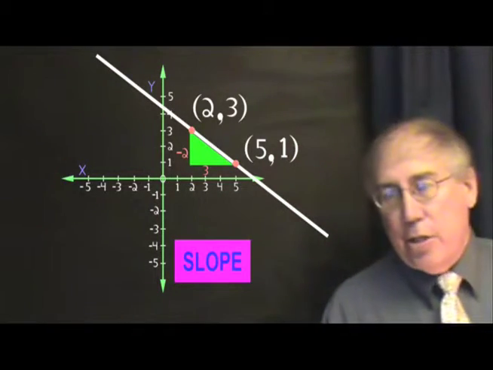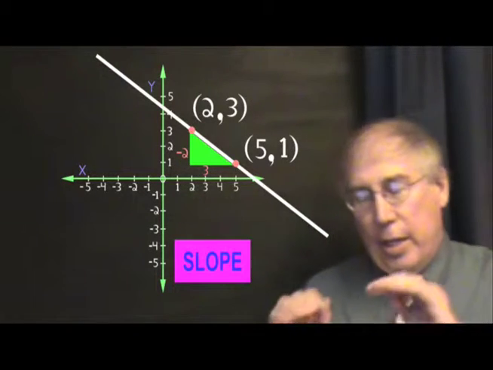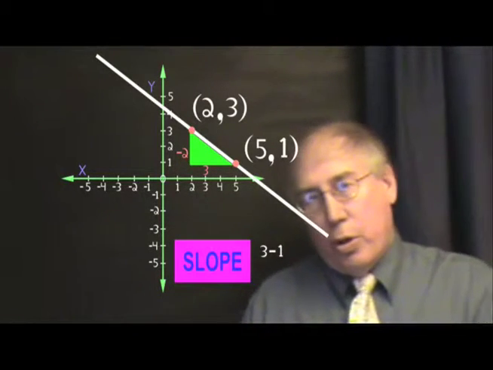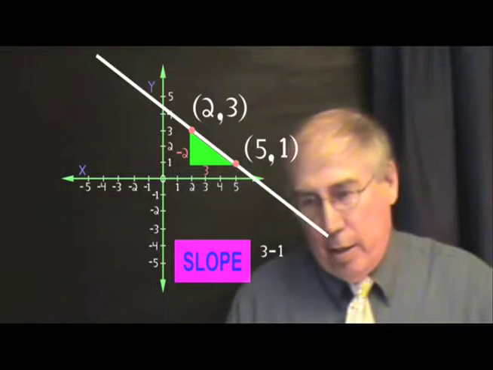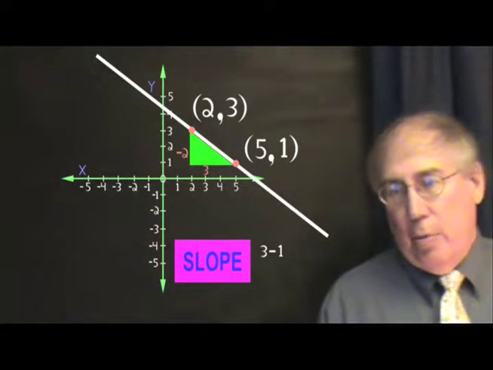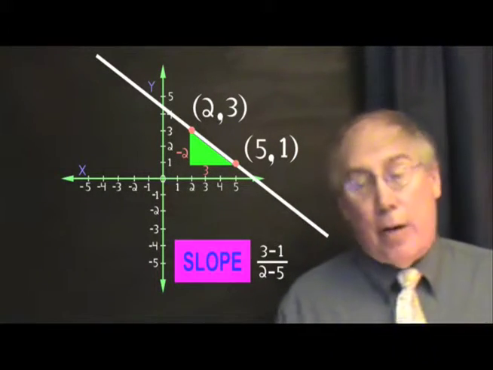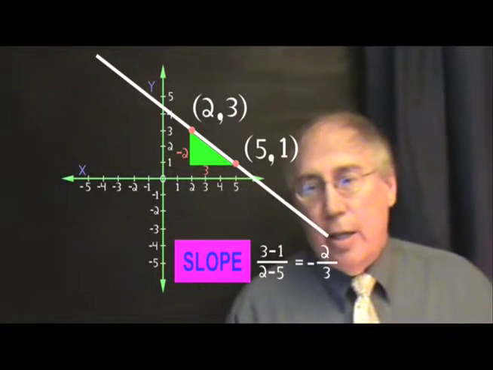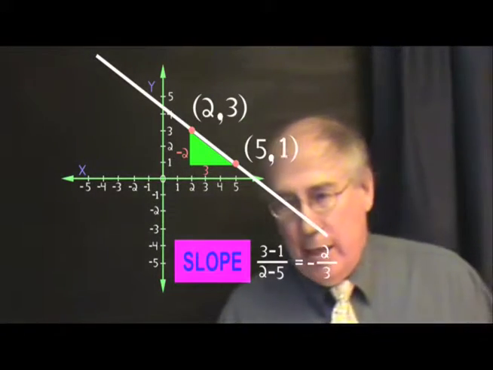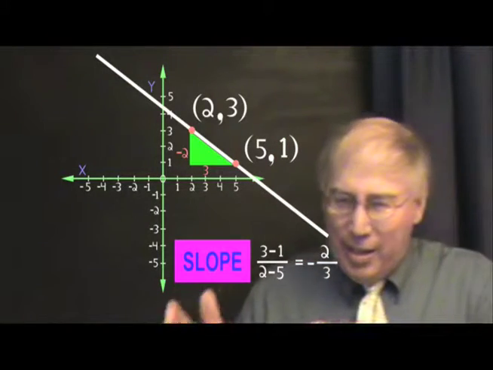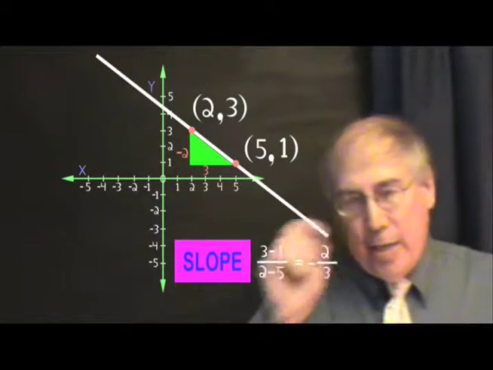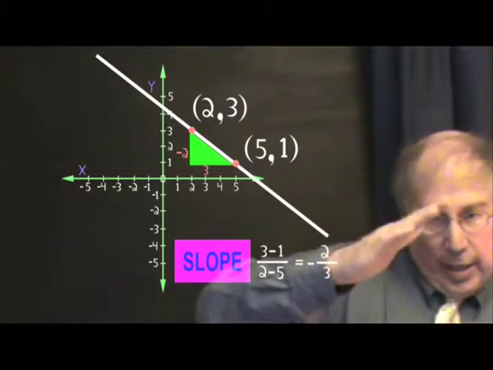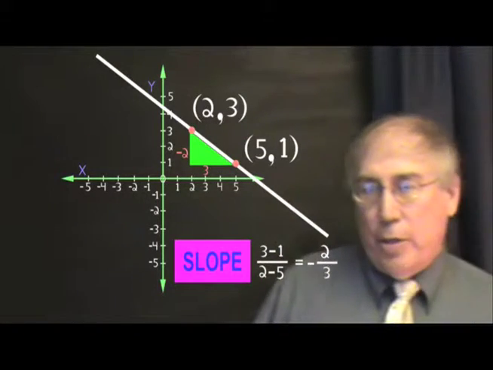And then let's subtract the x values, which will go in the denominator of our slope. So we have 2 minus 5. And then when you work that out, you'll get a negative 2/3. Notice that negative 2/3, the sign is important on the slope here. And the line is sloping to the left.